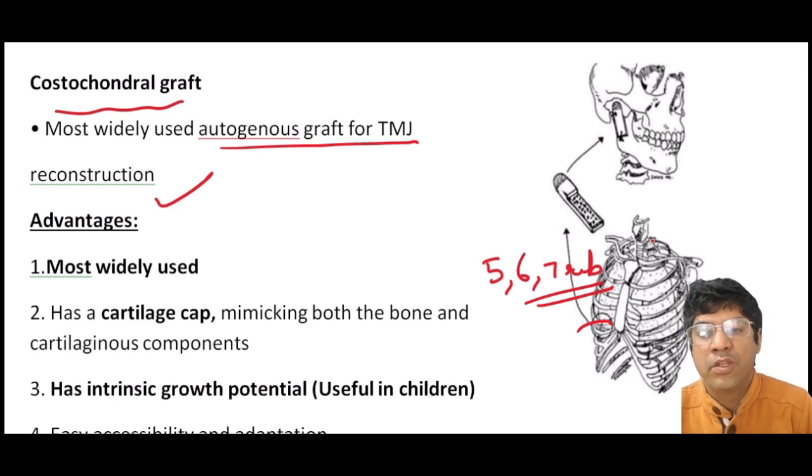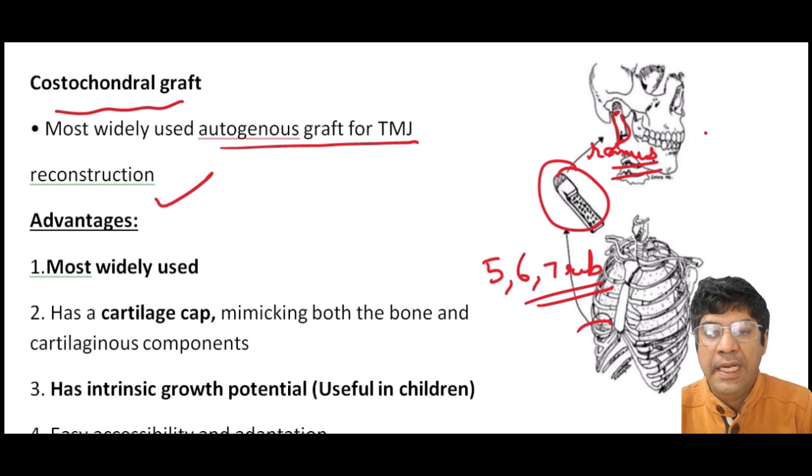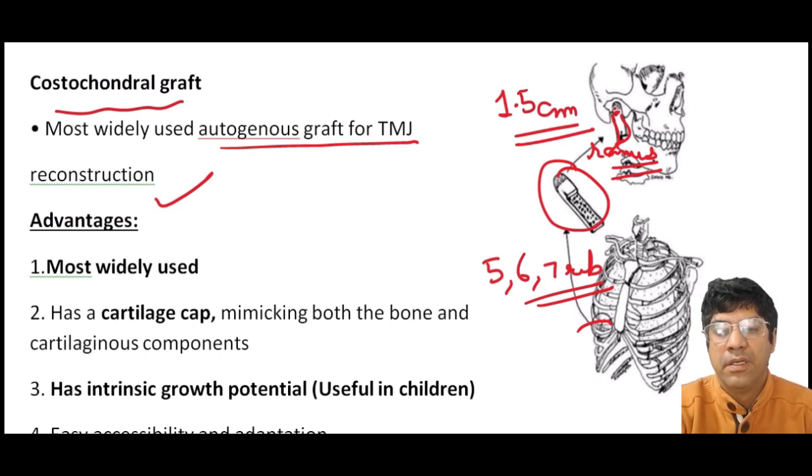The overall length of the graft depends upon the height of the ramus that needs reconstruction. It is important to include at least 1.5 centimeters of the costochondral junction in the graft.